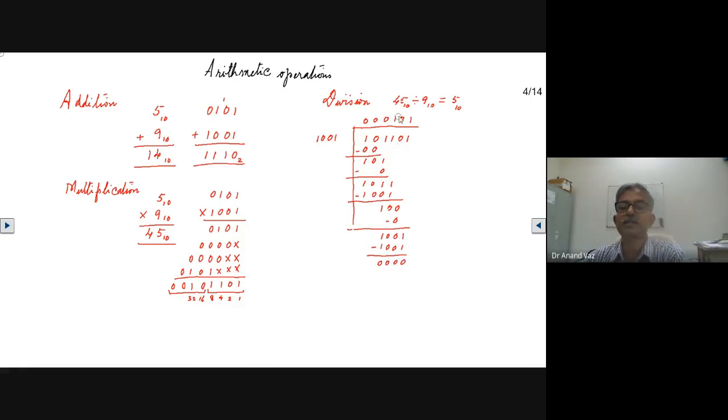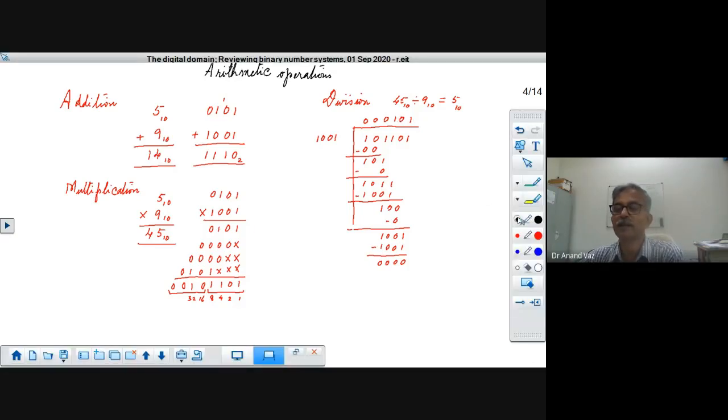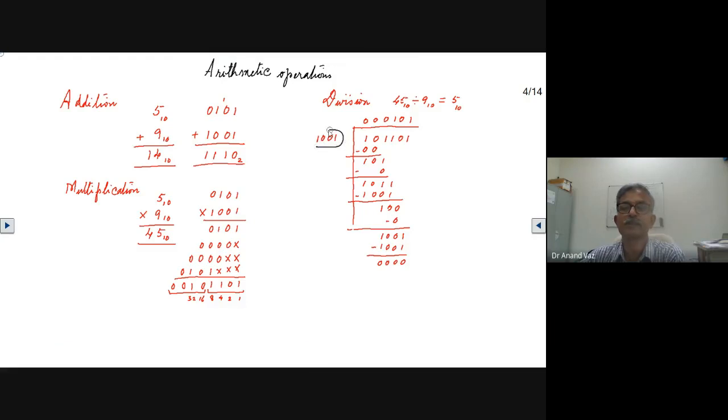So you can see here the answer is 5. And here you have your divisor. This is 9. This is in the decimal domain. And you have the part that is being divided.